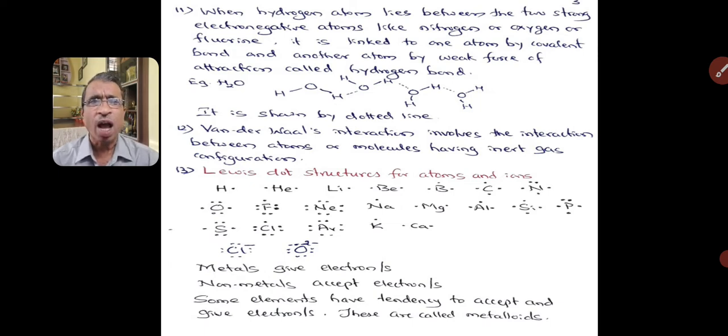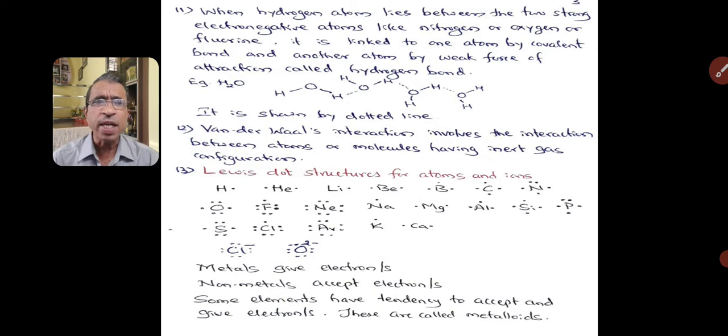There are two types of hydrogen bonding, intermolecular hydrogen bonding and intramolecular hydrogen bonding, which we will deal with in subsequent classes. We also come across van der Waals interaction, which involves the interaction between atoms or molecules having inert gas configuration.